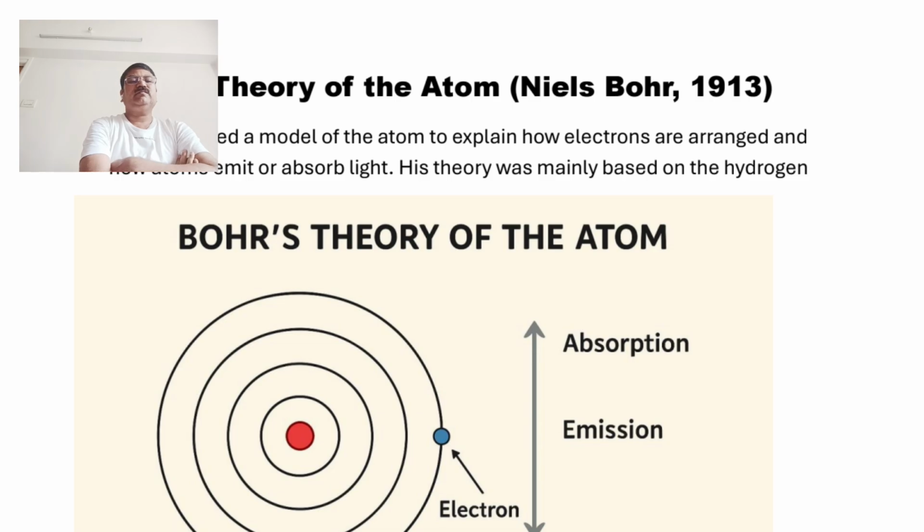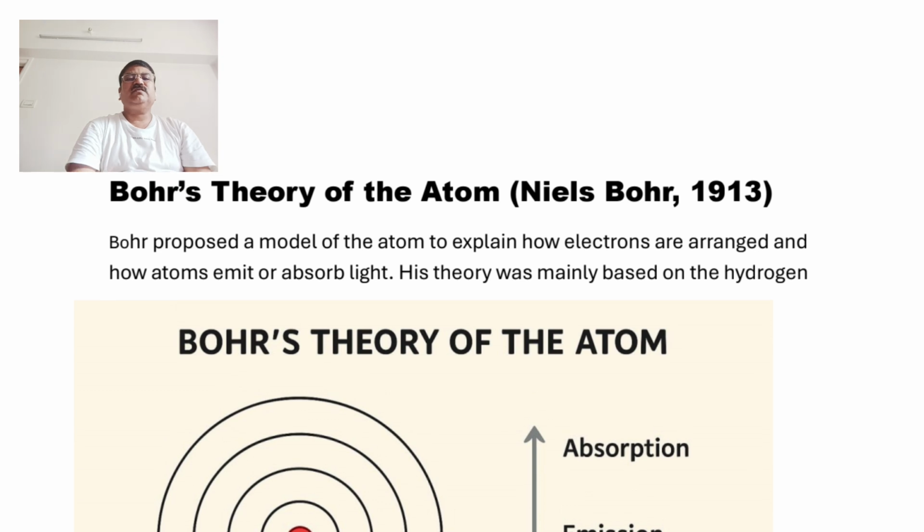Bohr's theory is the first theory which proposed a model of the atom to explain how electrons are arranged and how atoms emit and absorb the light.